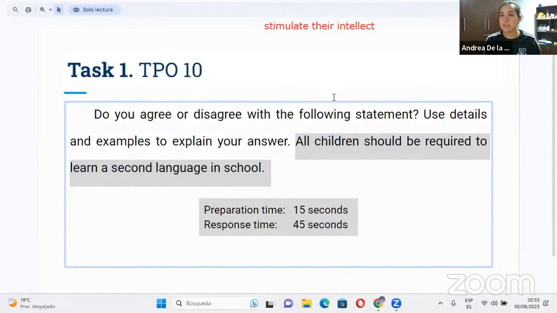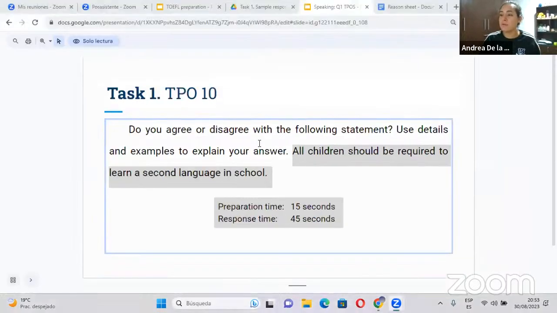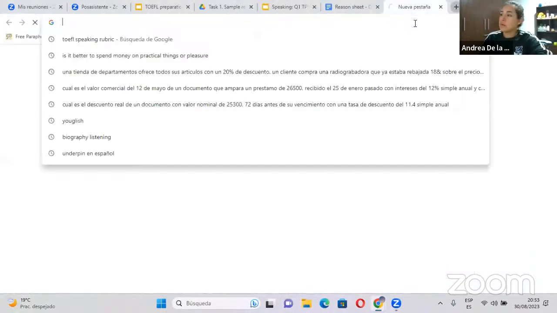maybe, to be honest, what I would suggest is that you read and you hear as much content as you can. So read articles. To be honest, what I did when I was preparing was I would obviously answer the question first, and then you can search or look up whatever you have here online. So you're like, children should be required to learn a second language in school, right?